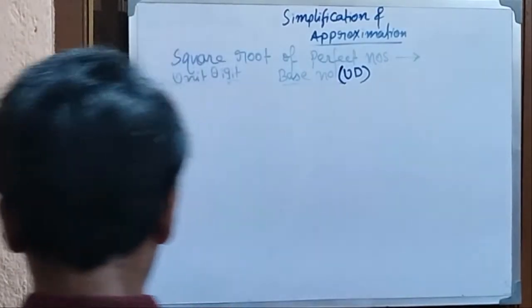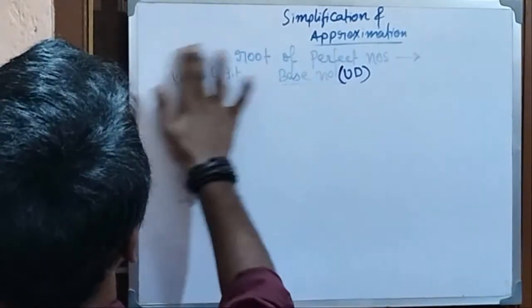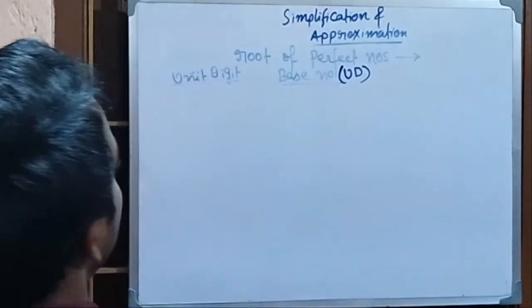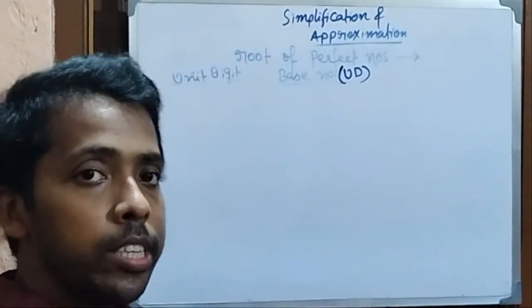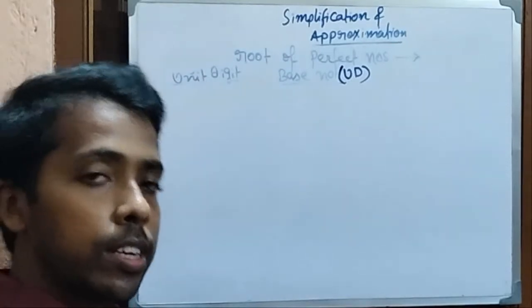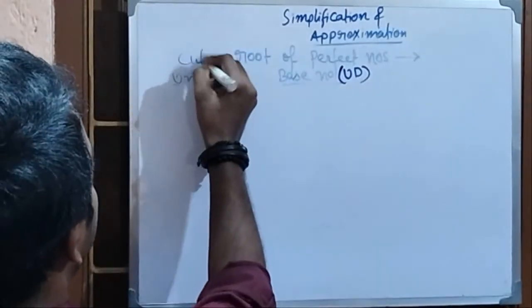Now we will move to cube root of perfect numbers. In cube root, there is some stuff I am writing down for your better understanding.